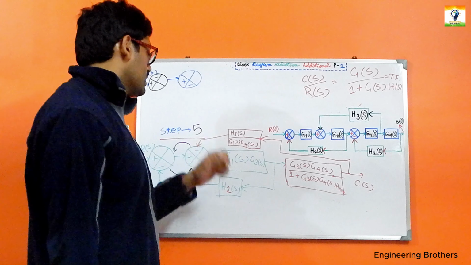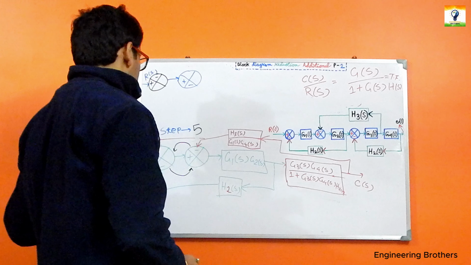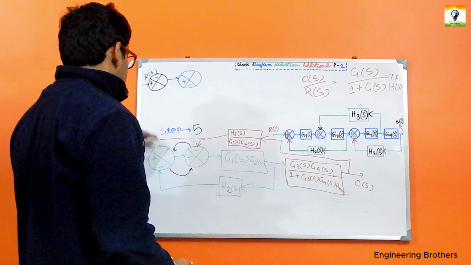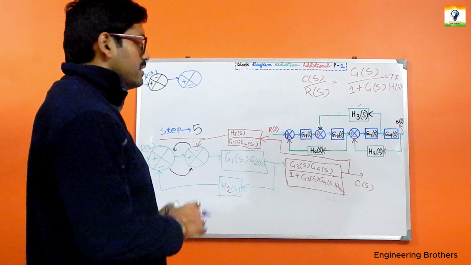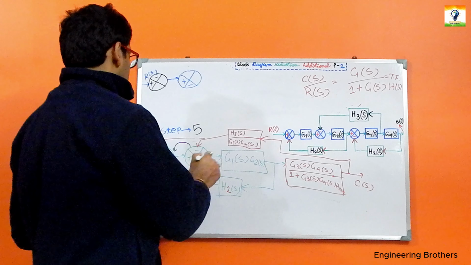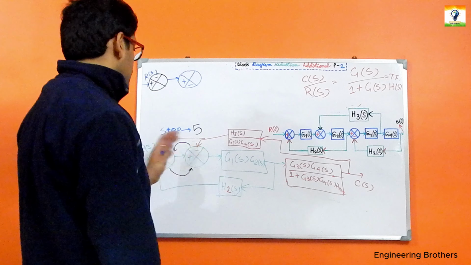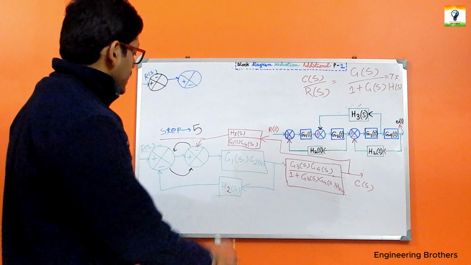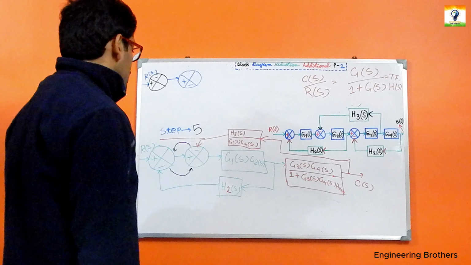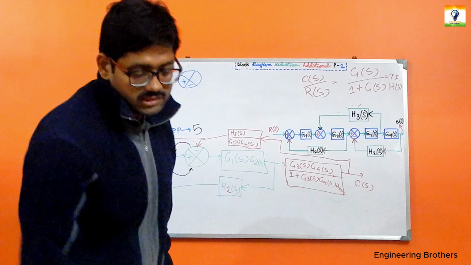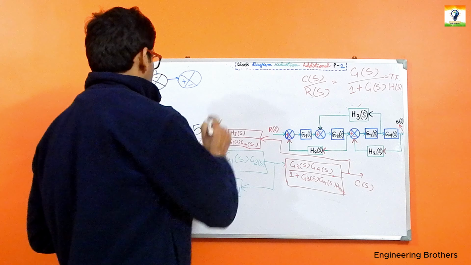The feedback signal has the same sign which is minus, and the input signal which is RS has the same sign of plus over here, and both the considered summing blocks will be the same for both cases. That is why we can replace or interchange the position of these summing blocks over here, and ultimately the final summing block will look like this one.